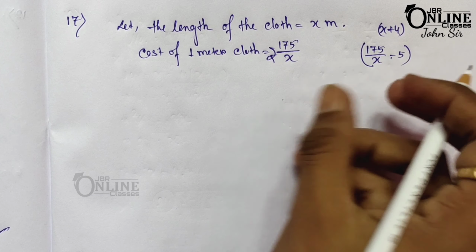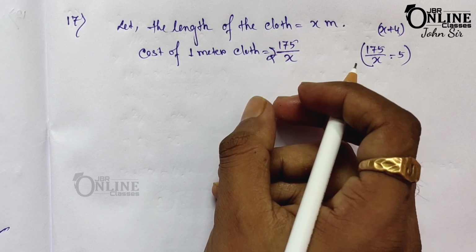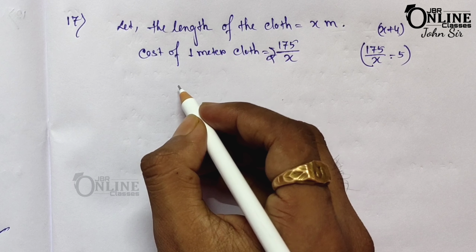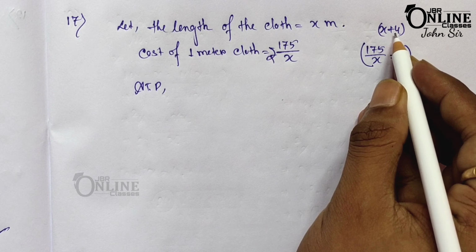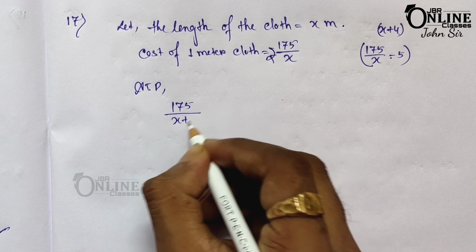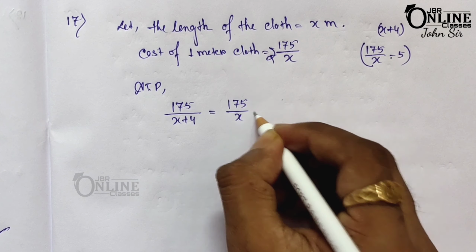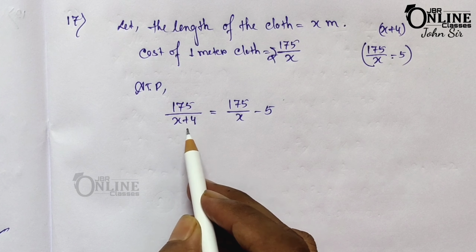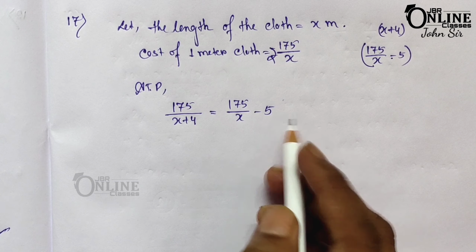Clear? Then the cost would have remained unchanged. That means according to the problem, x plus 4 is the new length, so 175 by x minus 5, multiplied by x plus 4, equals 175.